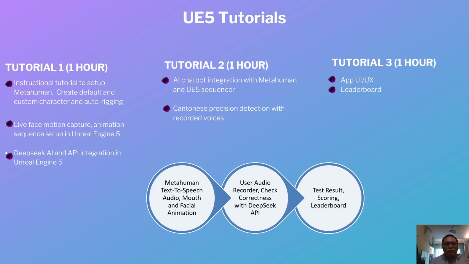So this is used to set up the animation sequence in Unreal Engine 5 to be used by the text-to-speech feature later. And then the last part of this first tutorial will be the setup of DeepSeek AI and the API to be integrated into Unreal Engine 5.